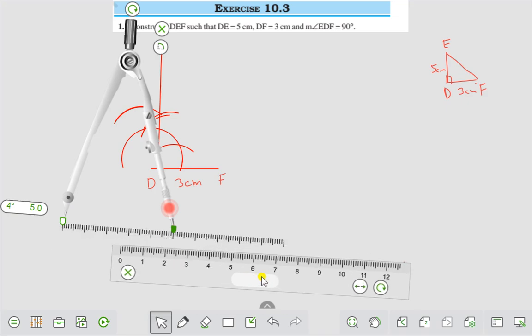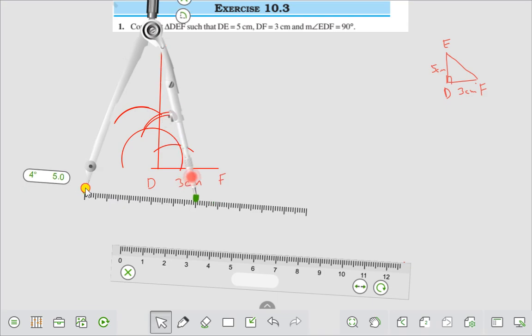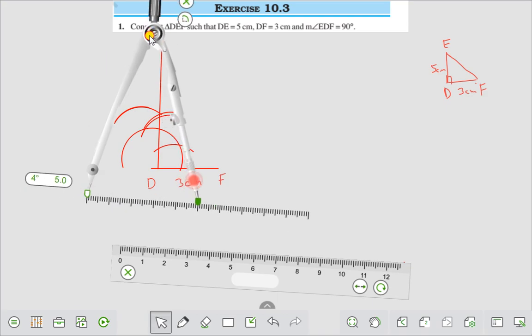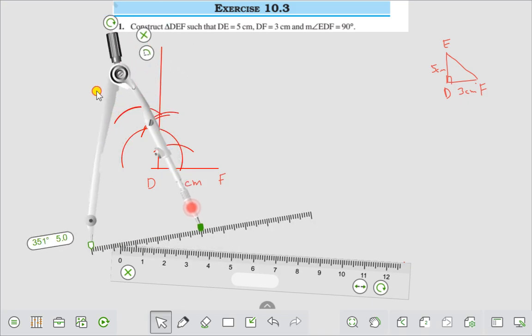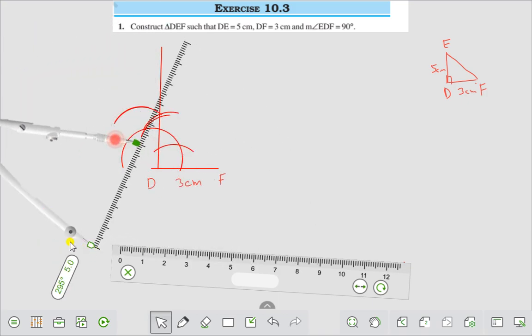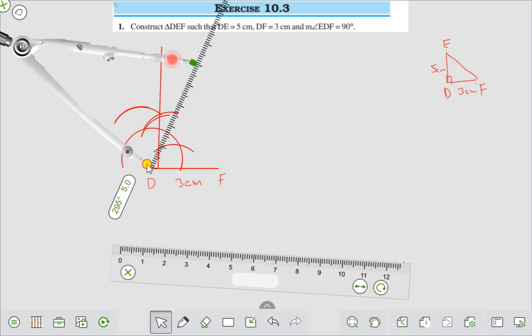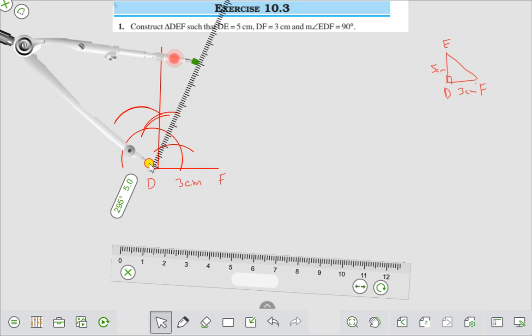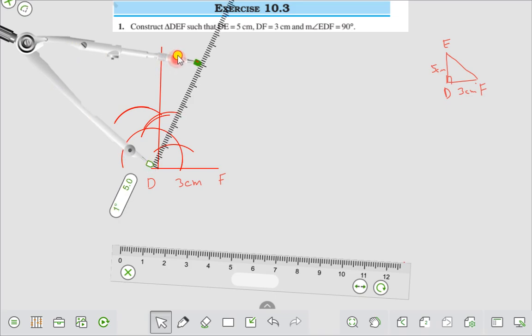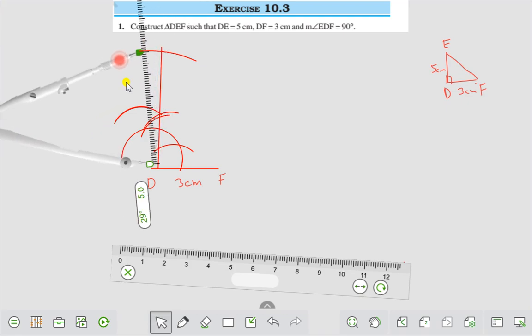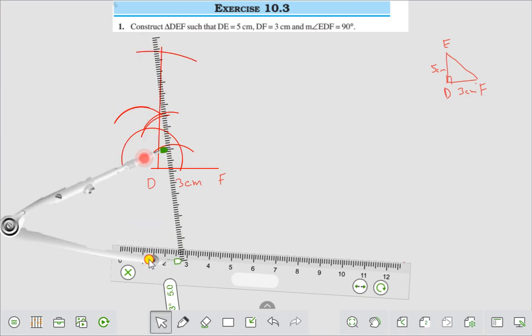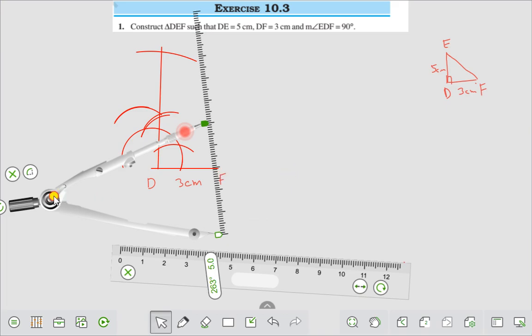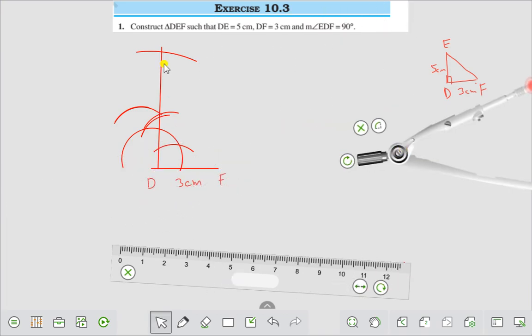Now with this pointer at point D, draw one arc to cut the line at 5 centimeters. Right? Take this pointer here at point D and take 5 centimeters. You have marked this point at 5 centimeters. Now this is point E. Join EF.